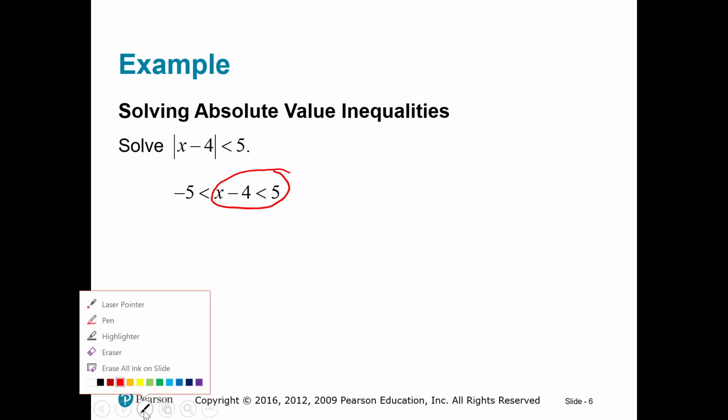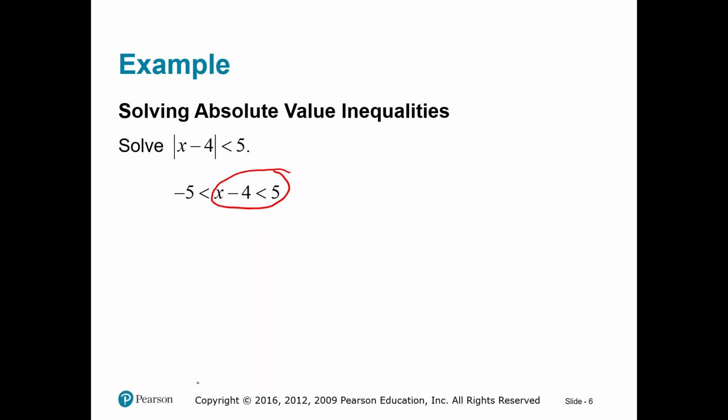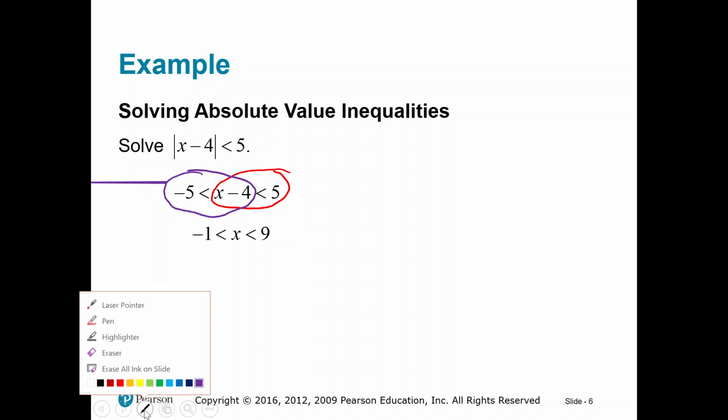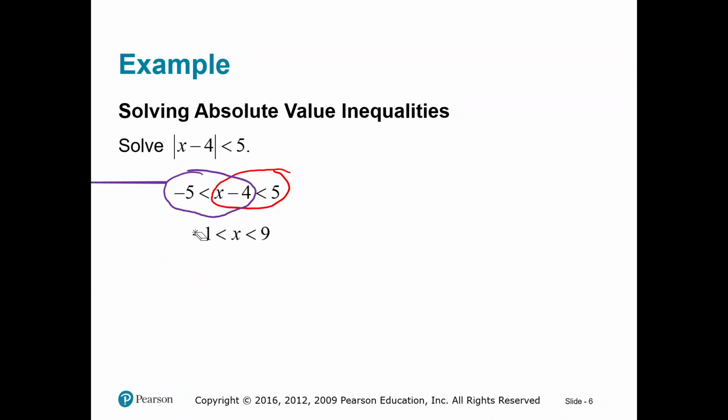And then the second one is negative 5 less than x minus 4. And so we can do that by working together.